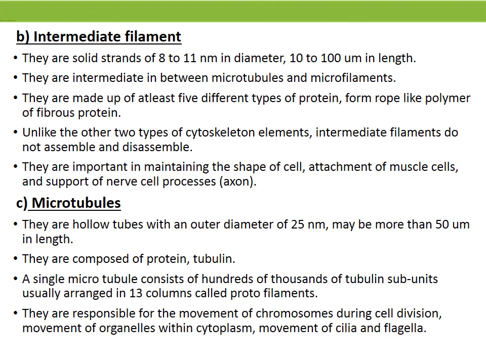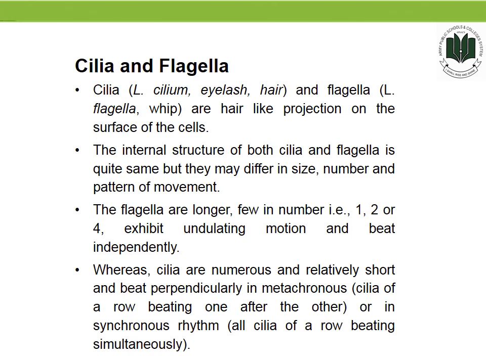The outer diameter of a microtubule is between 23 and 27 nanometers, while the inner diameter is between 11 and 15 nanometers. They are responsible for the movement of chromosomes during cell division, movement of organelles within cytoplasm, and movement of cilia and flagella.